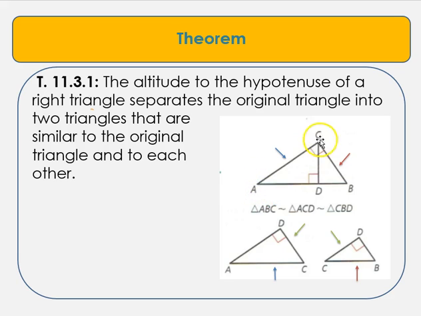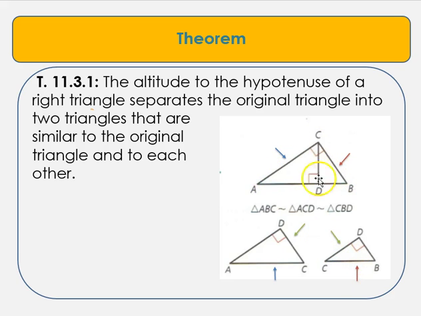So when we take this larger triangle, and we saw this in the last video, we drop an altitude, which means that we drop a line from the vertex perpendicular to the base of the triangle. We actually form two new right triangles, and consequently a relationship is set up between the sides of these triangles.